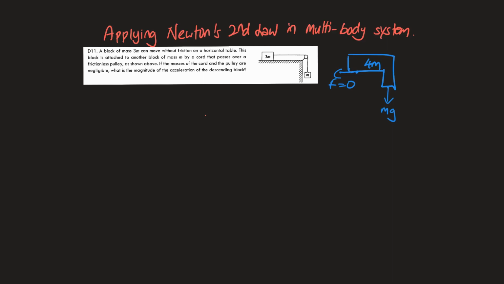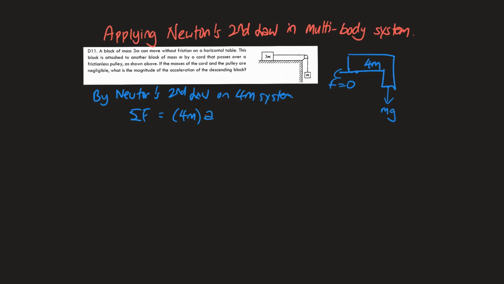Now, after we have set up the free body diagram of this multi-body system, the next thing to do is to find out the acceleration of the system. So we can just apply Newton's second law on the 4m system, and your net force on the 4m system is the total mass times the acceleration of the system.